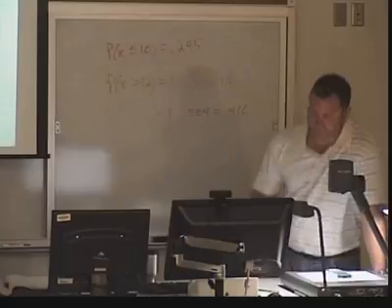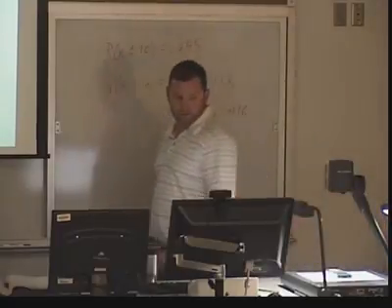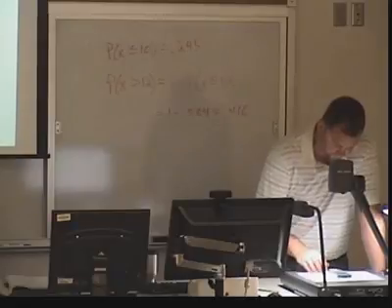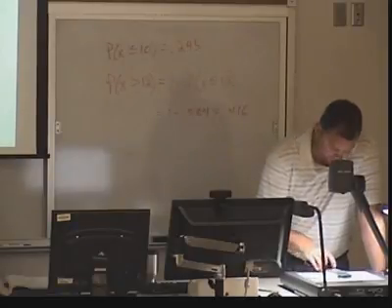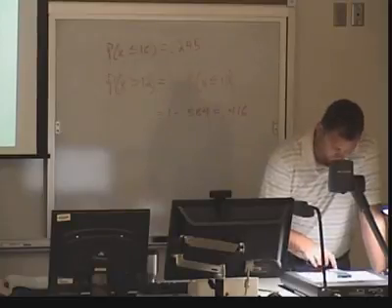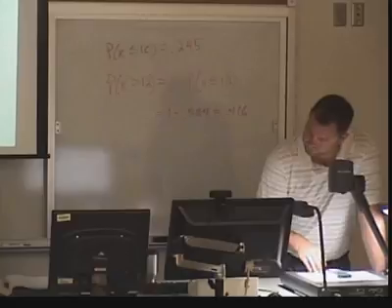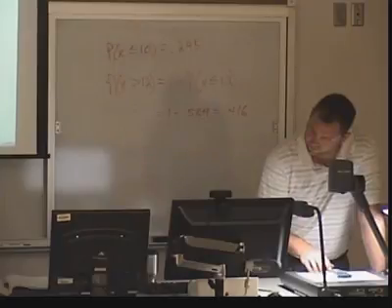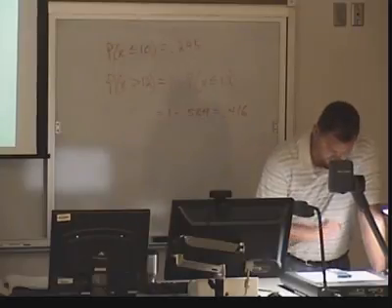This one I really don't even have to do, but I'm going to stick with the formula, because it's not going to add anything when I multiply by 0. Plus 1 times 0.18, plus 2 times 0.11, plus 3 times 0.06, plus 4 times 0.02.